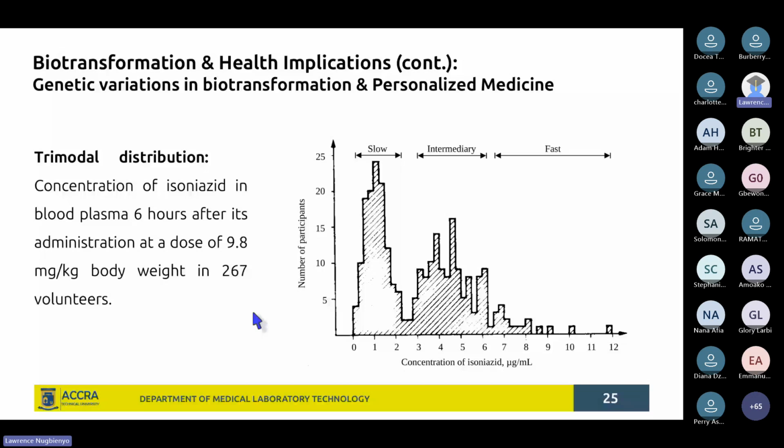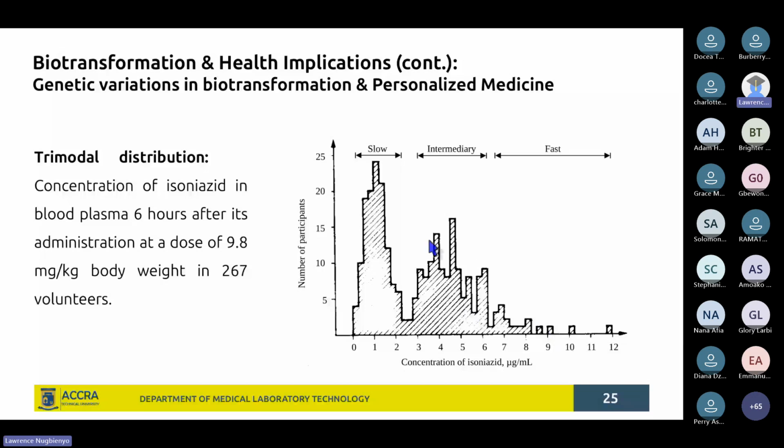So this is just an example of a study that showed the concentration of isoniazid. It's an antibiotic used for the treatment of tuberculosis. In different persons, let's say about 267 volunteers took this medicine, and you realize that the concentration of the drug in some persons was high after 6 hours, some others somewhere intermediate, and then some others very low.